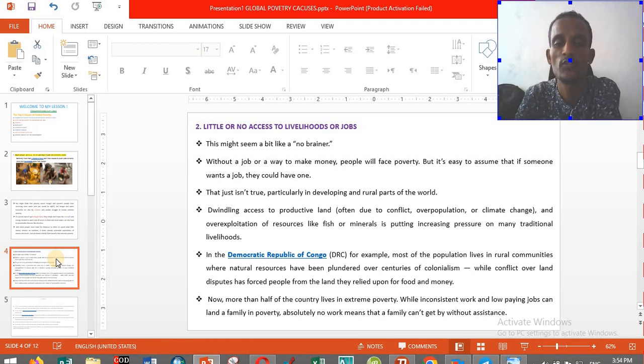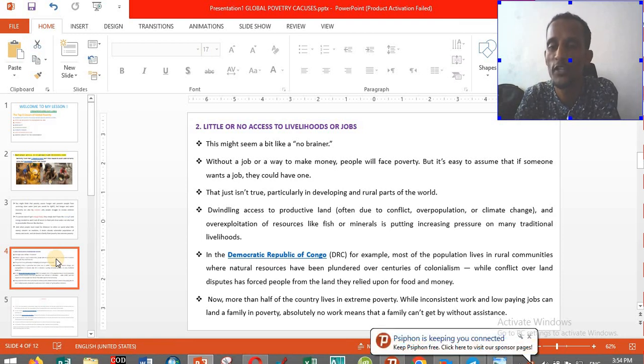Lack of access to productive land, often due to conflict, overpopulation, or climate change, and overexploitation of resources like fish or minerals is putting increasing pressure on many traditional livelihoods.